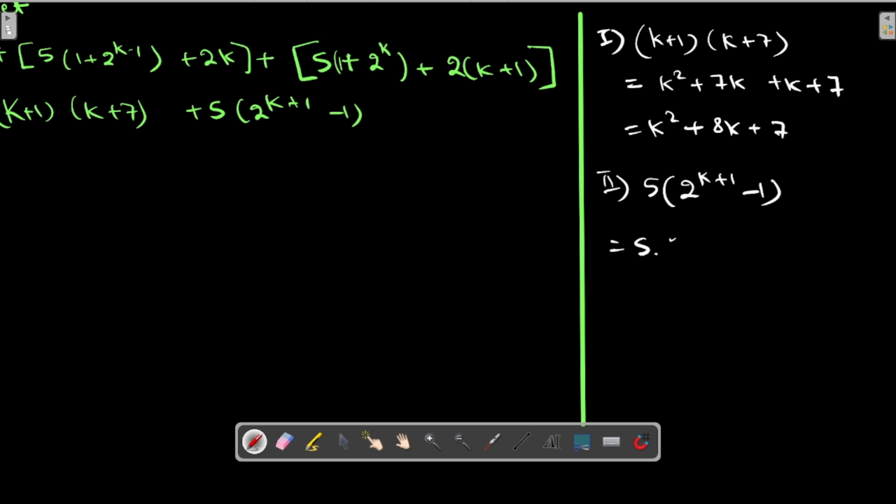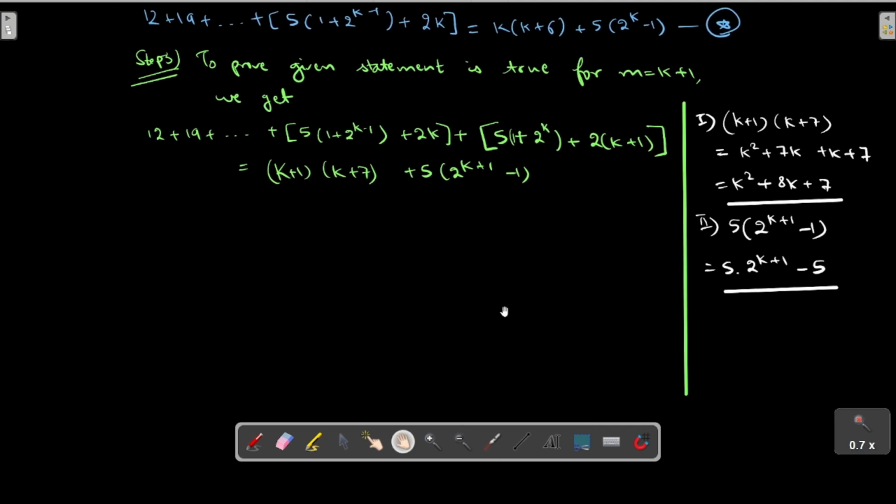That's 5 times 2 to the power of k plus 1 minus 5. Now we need to get this polynomial and something like this to prove our given statement. So let's start.